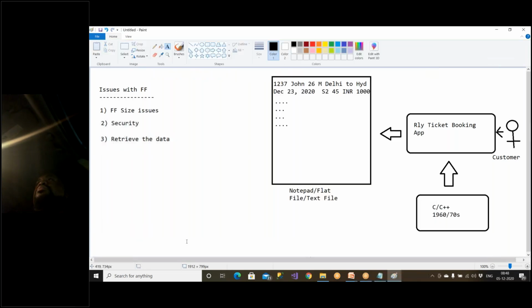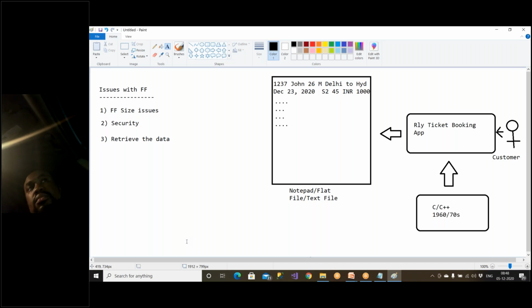Clear? My boss is asking, hey Bhaskar, you have some data in the flat file. Can you create one nice report? Can you give me one summary, in which, let us say, from station A to station B, how many customers have booked tickets in the last 5 years? Can you give me a summarized report by day after tomorrow? So by Monday, I should be able to see the report.